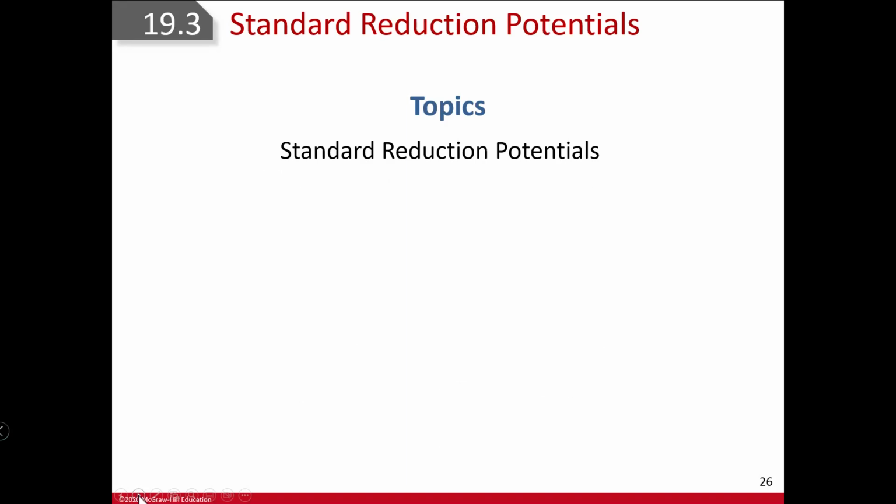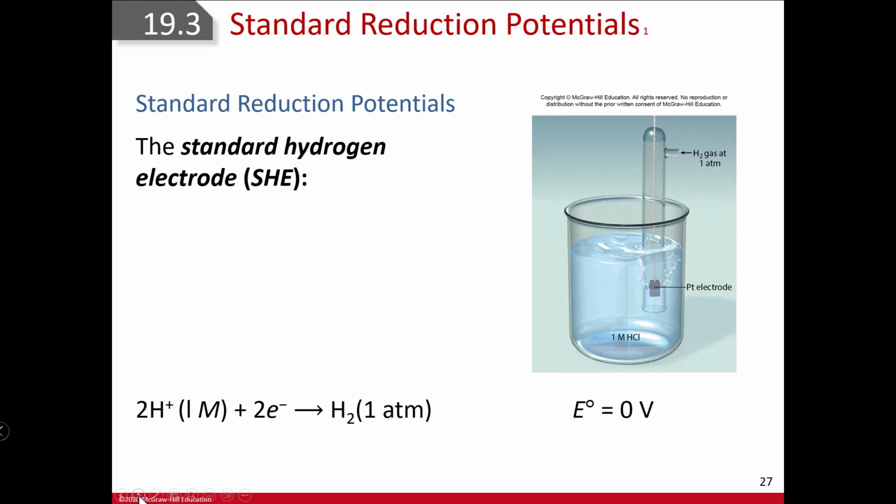All right, standard reduction potentials. So somebody's calculated these all out for you. So here's how we determine standard reduction potential. Again, we talked about this in chapter 5 in Gen Chem 1, which was the introduction to thermodynamics, and we said we can't measure how much energy is in something directly.